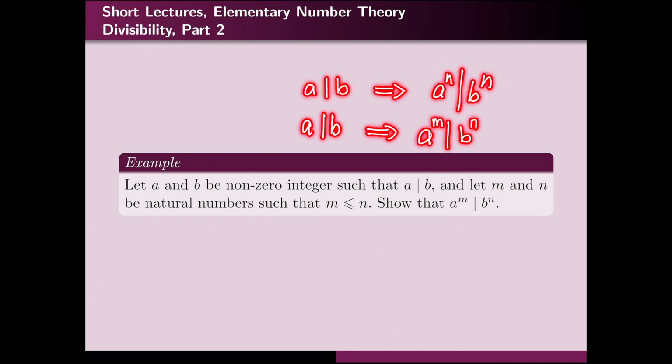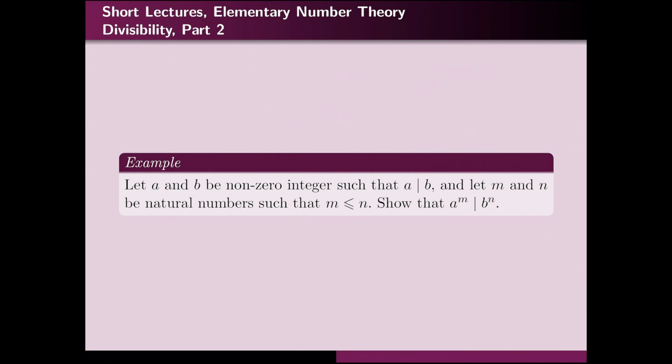But the left hand side one, m, should be less than or at most equal to the right hand side one, n. Okay, which is something different from equality, because if I know that a equals b, then if I raise the left hand side to power n and I want to keep the equality, I have to raise the right hand side to the same power of n. But here apparently I have a little bit more degree of freedom. Okay, so let us prove this one as well.